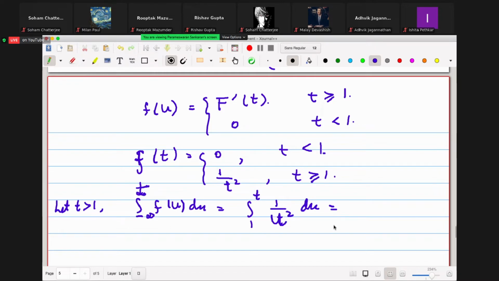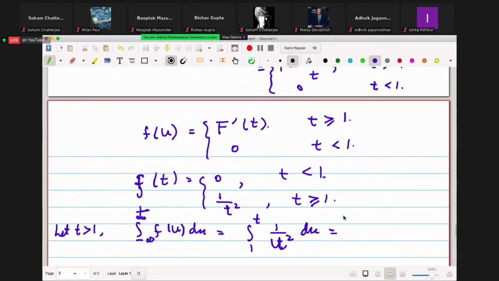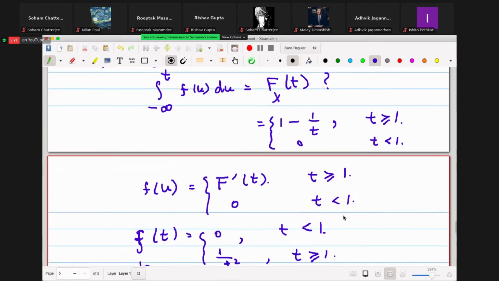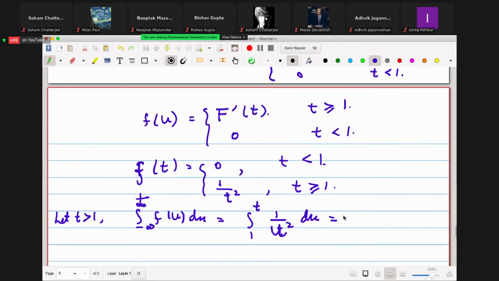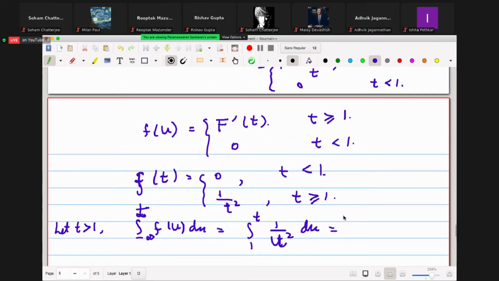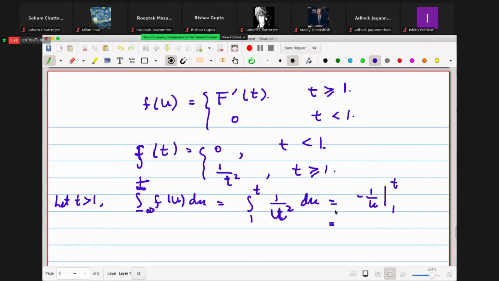Did I make a mistake here? No, I think not. When I integrate it, I get minus 1 by u between 1 and t. This is equal to 1 minus 1 by t.